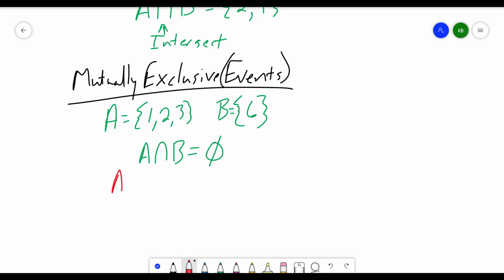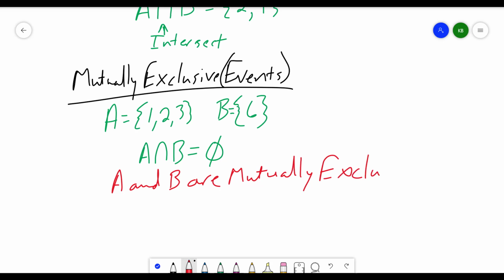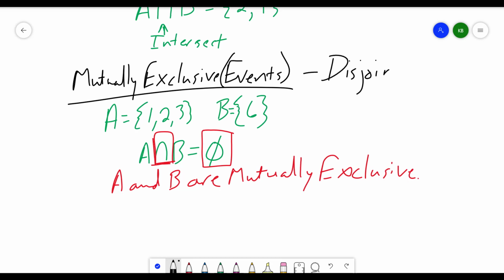So I say A and B are mutually exclusive. So again, the key thing I'm looking for to find mutually exclusive is that the intersection is going to equal the empty set. Another word that I toss around for mutually exclusive sometimes is disjoint. So the idea is that they have nothing in common, they're disjoint from one another.